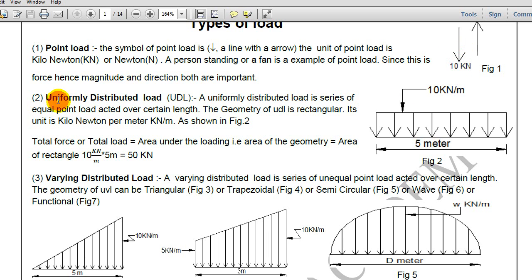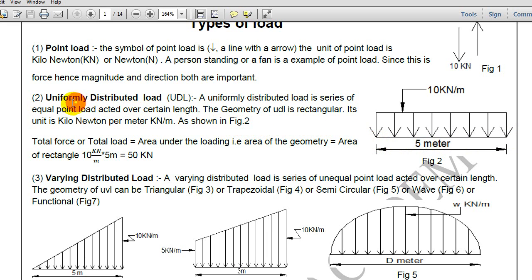But if the same person lies down on the sofa, the spring will be acted on by an approximately uniformly distributed load along the length of the person.